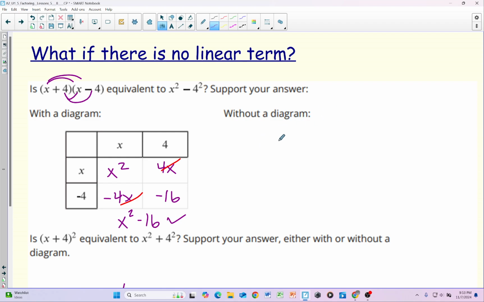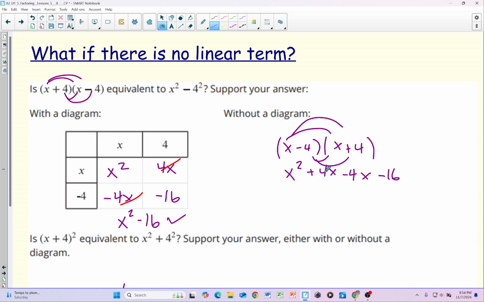Now, how would we multiply this without a diagram? Many of you, at this point, have practiced enough multiplication that you could do this without the diagram. So if you had x minus 4 and x plus 4, you'd multiply, you'd get your x squared, your plus 4x, your minus 4x, and your minus 16. And just like with the diagram, the two in the middle would cancel, and you get the same x squared minus 16.